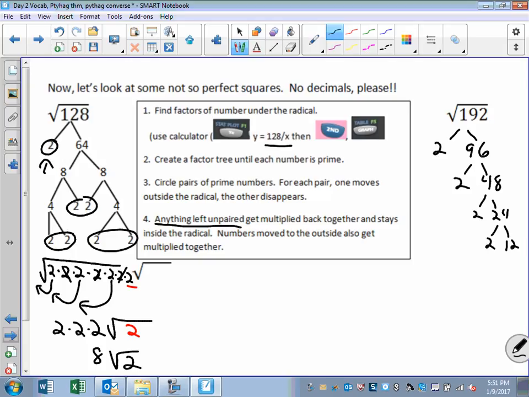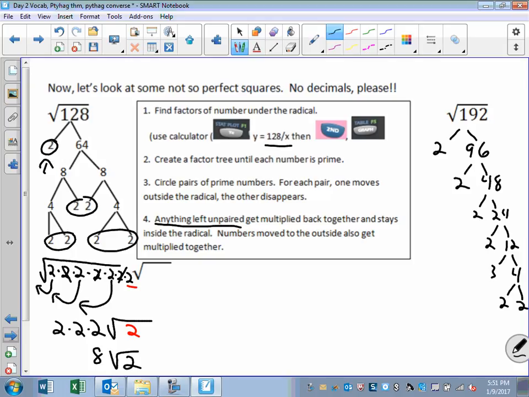Okay. Now I'm going to cheat here. Instead of doing 2, I'm going to do 3 and 4. And then 2 and 2. It's our final pair.